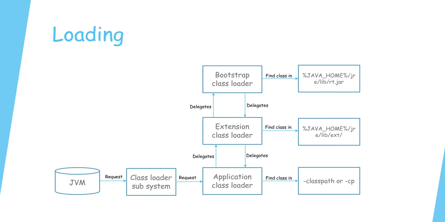If the class is not located by any of these class loaders, then the runtime exception called class not found exception will be thrown. This loaders follows algorithm to load the class, which is known as delegation hierarchy algorithm.